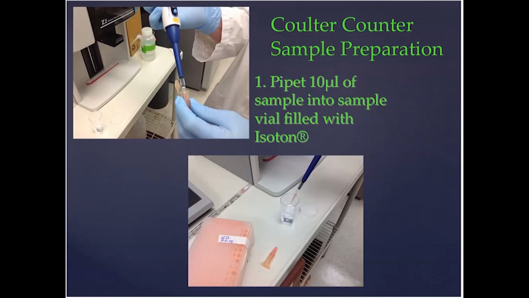Now, how do we have to prepare a sample to get the cells ready for Coulter counting? Again, you start off with your suspension cells. You make sure you mix them up real well, and then remove 10 microliters of sample and put them into a sample vial.